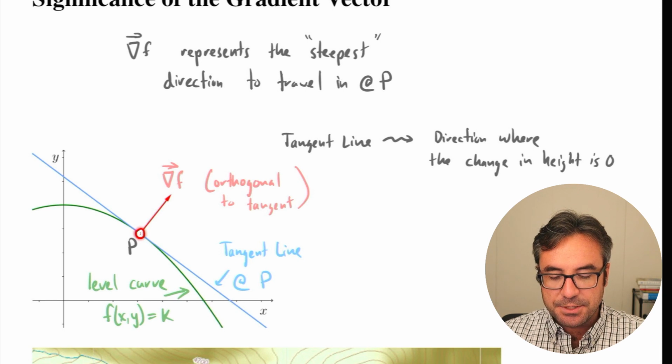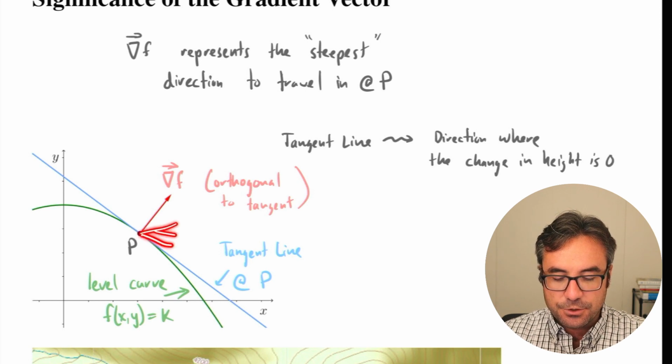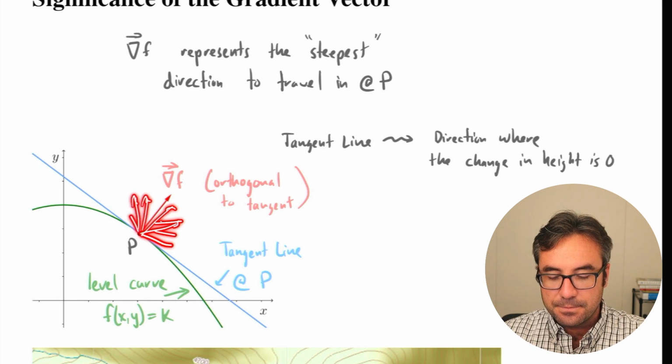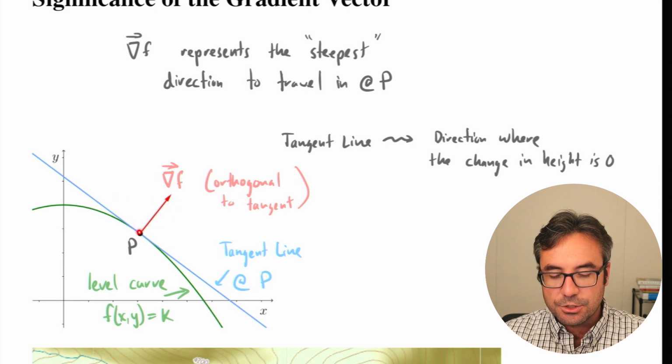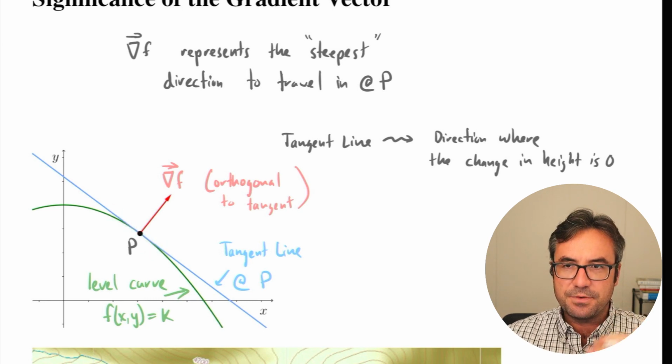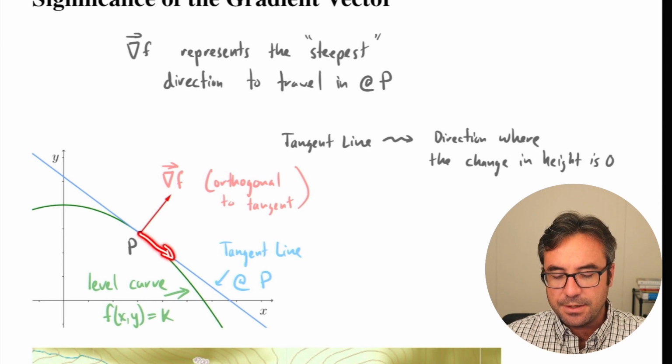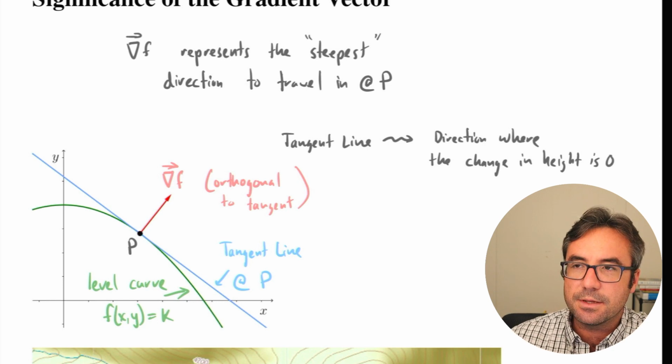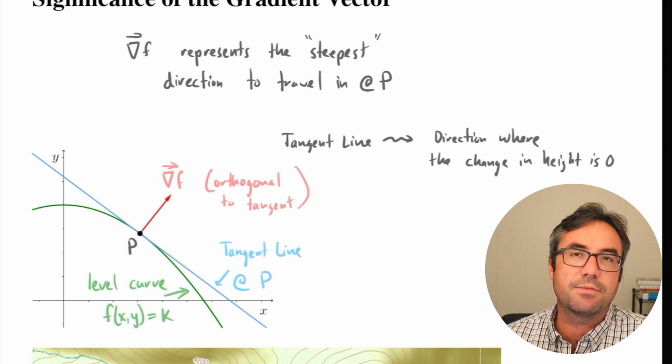If we're standing at this point, we have all these different directions to look at. Where our change is going to be the least, increasing or decreasing, is along the tangent line. So almost right in the middle, that's where our gradient is, and that's where we're going to have the biggest change.